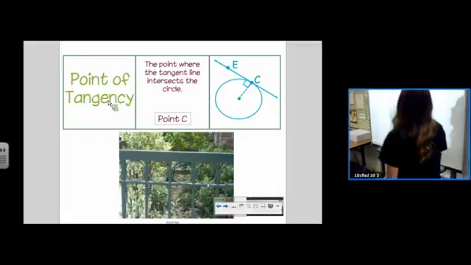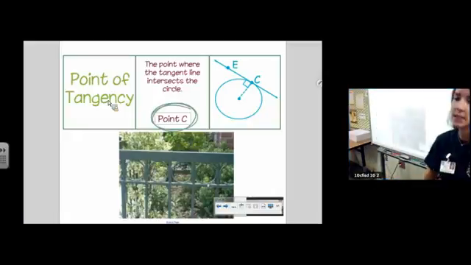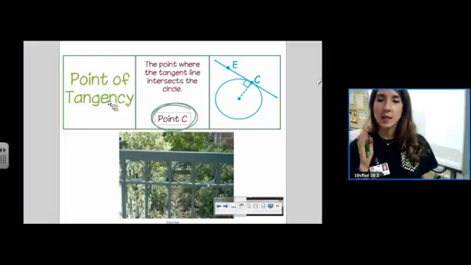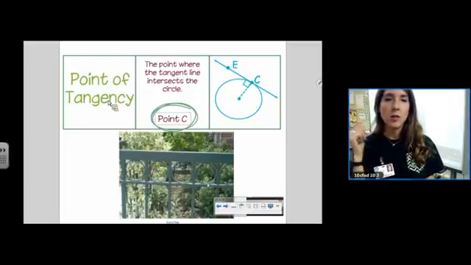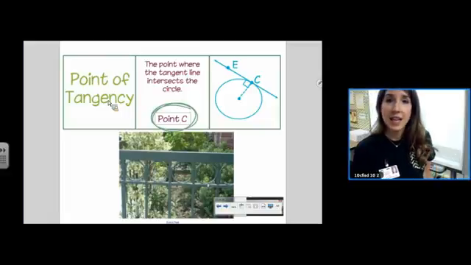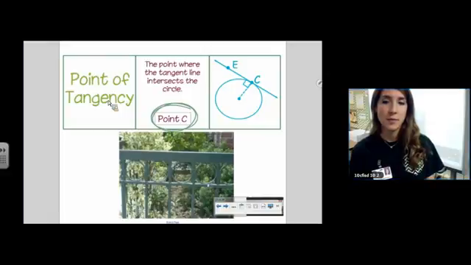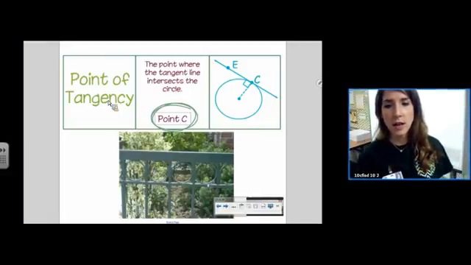In this one, I drew the same picture, but I want you to zoom in on or highlight C. C is the point of tangency. It's the point where the tangent line hits the circle. And C is the vertex of the right angle that's created.